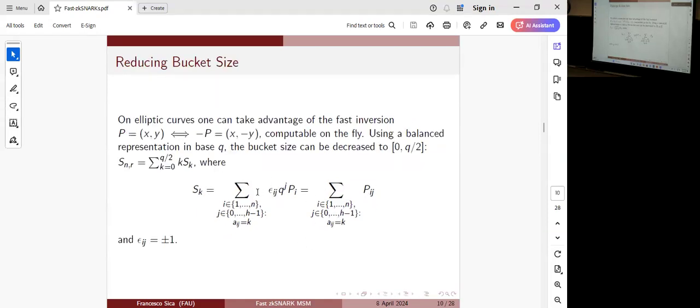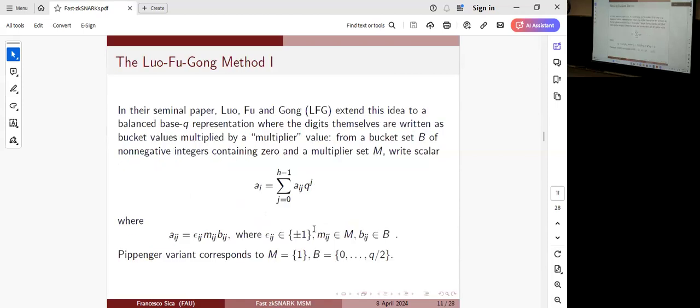You don't need to pre-compute the plus minus points. We still need to pre-compute the same points, but your size now is less. The size of the buckets is less.